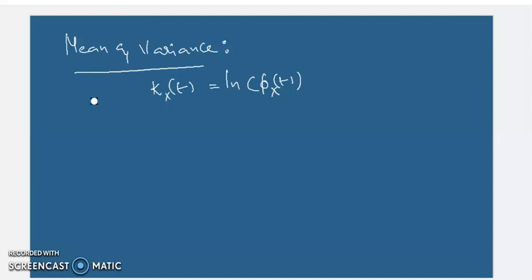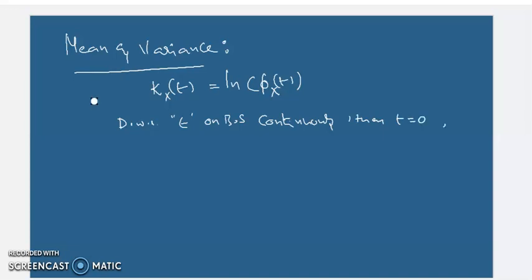So differentiating this K_X(t) with respect to t, differentiate with respect to t on both sides continuously, then we put the value t equal to 0.